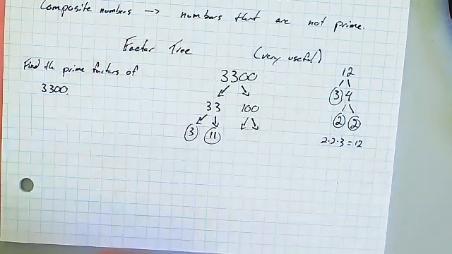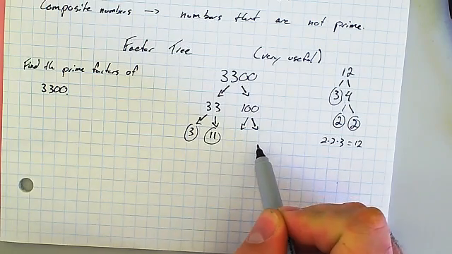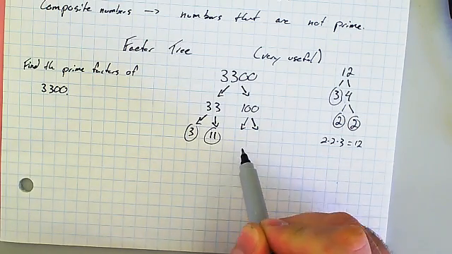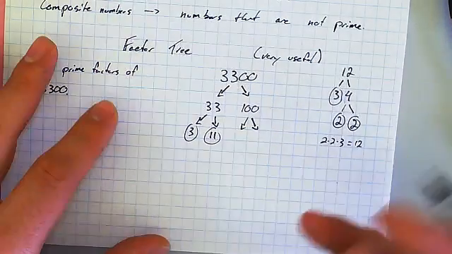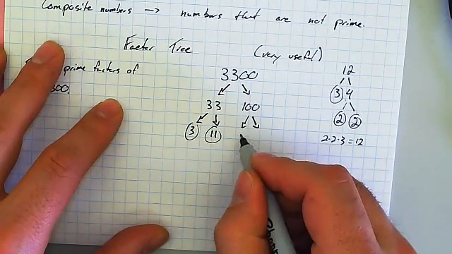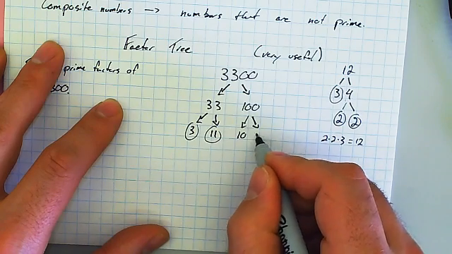Now 100, there's two different ways we can break this down. We could break this down into 25 and 4, 10 and 10, or 50 and 2. It doesn't matter which way you do it, you're all going to get the same prime factors at the very end. So let's go 10 and 10.